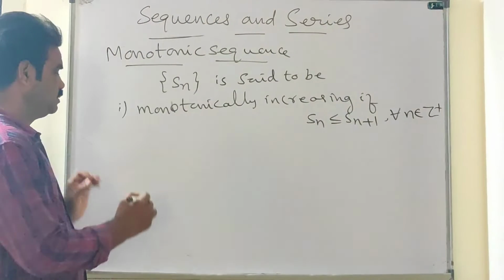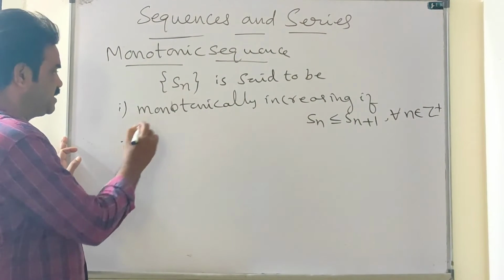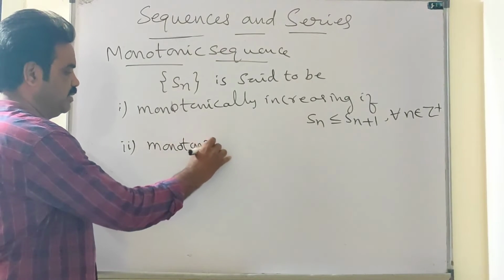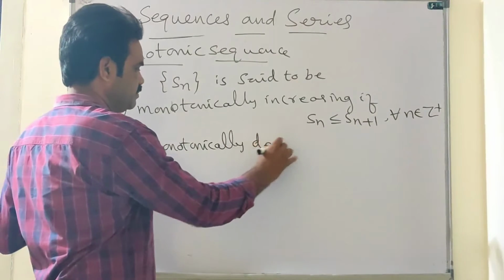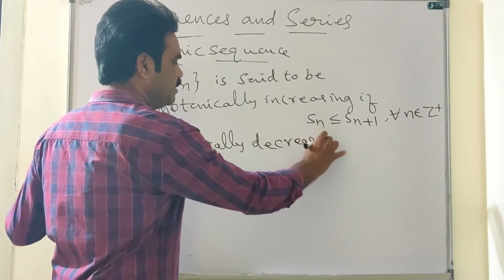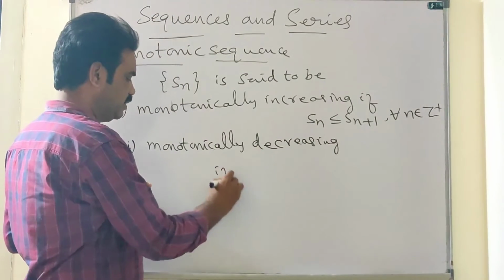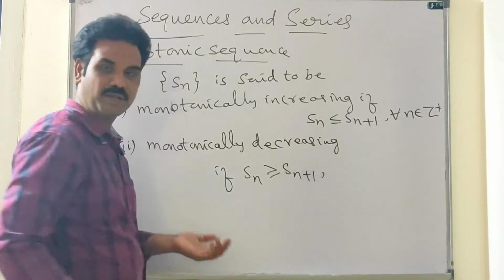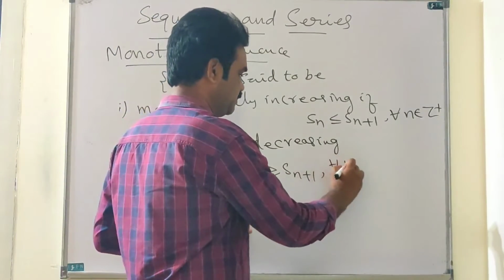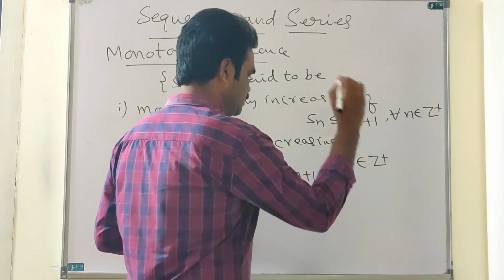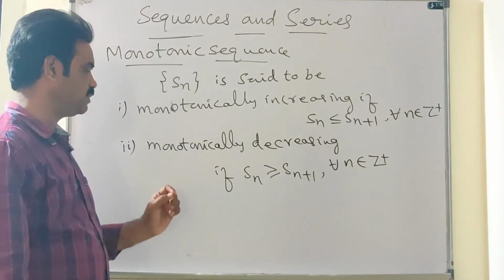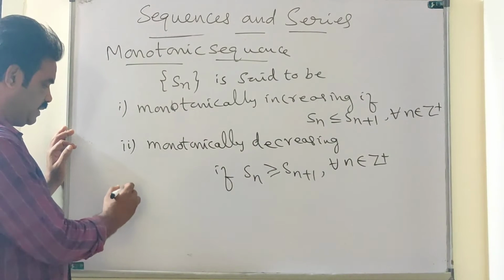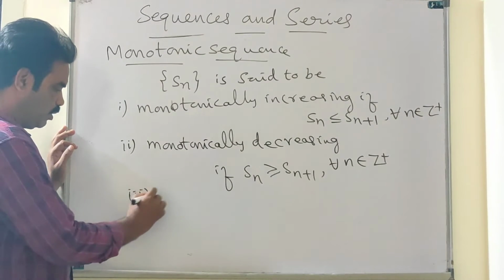Next, Sn is said to be monotonically decreasing if Sn greater than or equal to Sn plus 1 for all n belongs to Z plus. Then you say that Sn is monotonically decreasing. Next, monotonic.